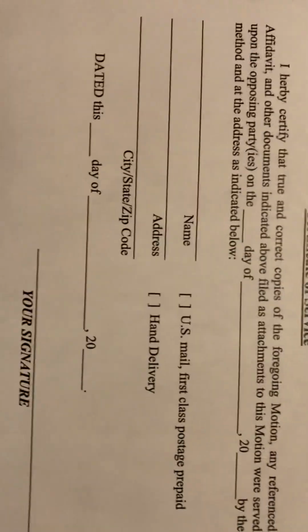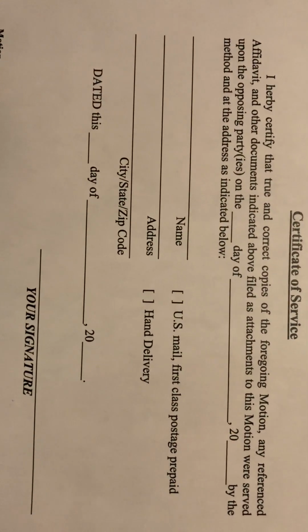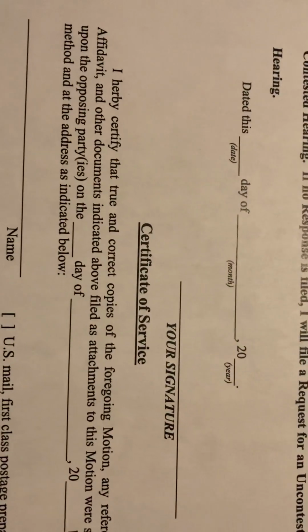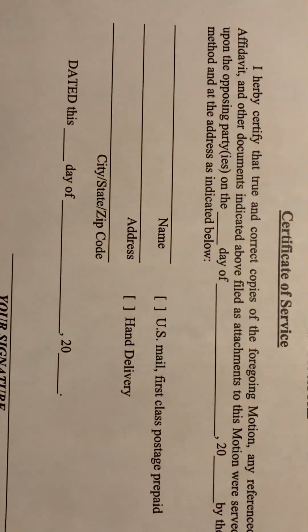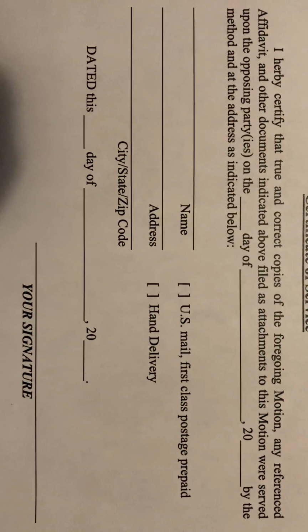Second, certificate of service. Now this is a little different. These two dates are going to be different from the date that you filled out the paperwork. These two dates, you have to put in the exact date that you turned them into the courts.